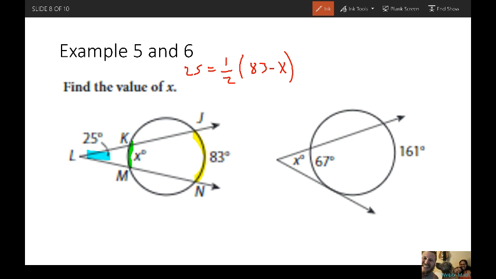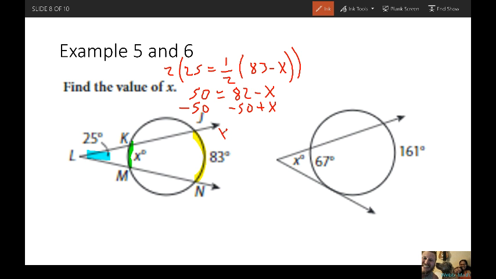All right, let's get rid of that dividing by 2. Multiply both sides by 2. You have 50 equals 82 minus x. Let's move the x over and get rid of this 50. So I'll subtract the 50 here, and to get rid of a minus x, I add.